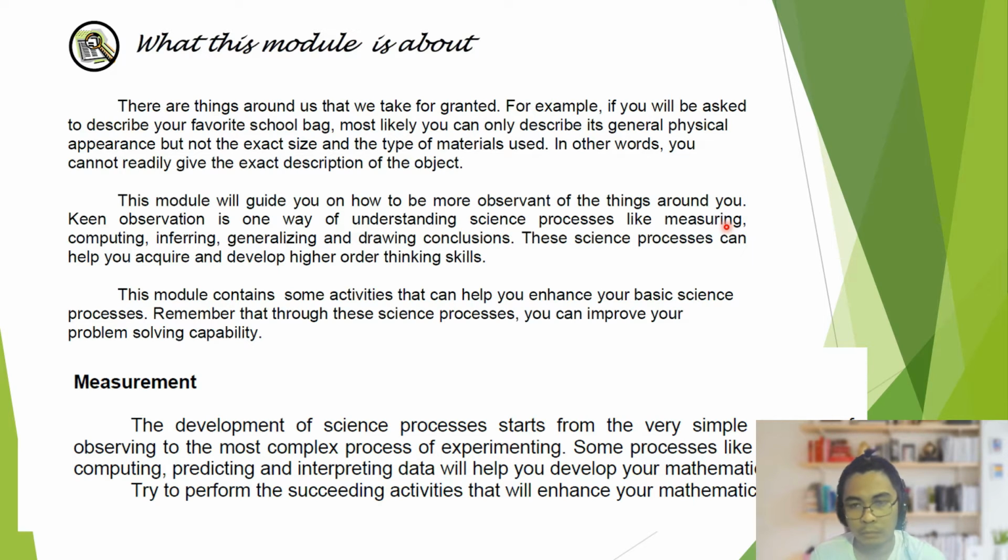Okay, when we speak of measuring, it should be accurate in that case. Okay, so there will be activities in this module that can enhance your basic science process, particularly in measuring. Okay, since our topic here for module 3 is more on measurement.